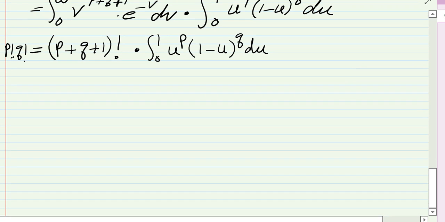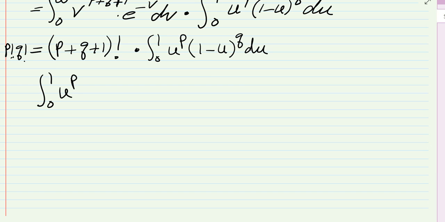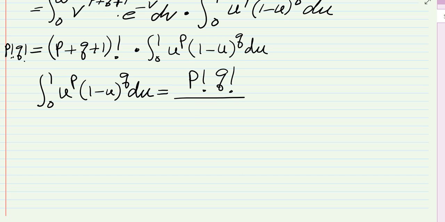So when we solve for that integral, u to p, 1 minus u to q du, that's just going to be p factorial, q factorial over p plus q plus 1 factorial, right?